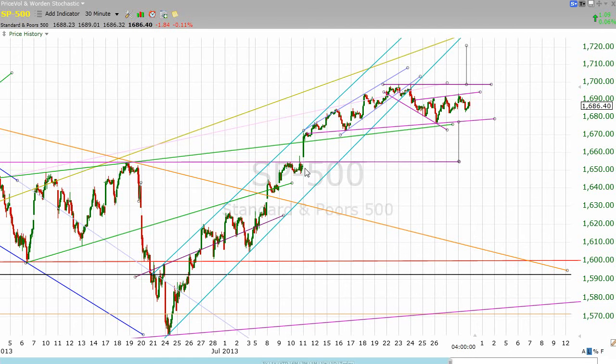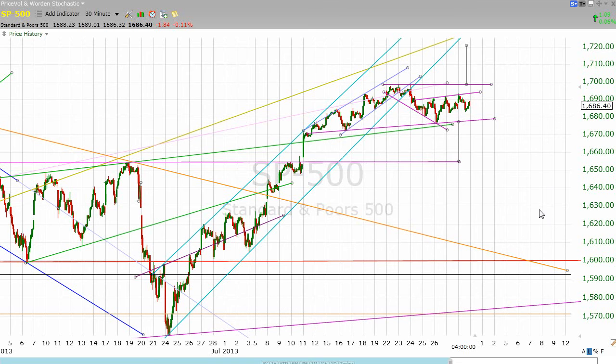But we never got that right shoulder that would turn this pattern into an inverted head and shoulders pattern. So that's something we've got to account for going forward, that things are not quite as certain as far as any upward momentum because of the failure of this pattern to complete.